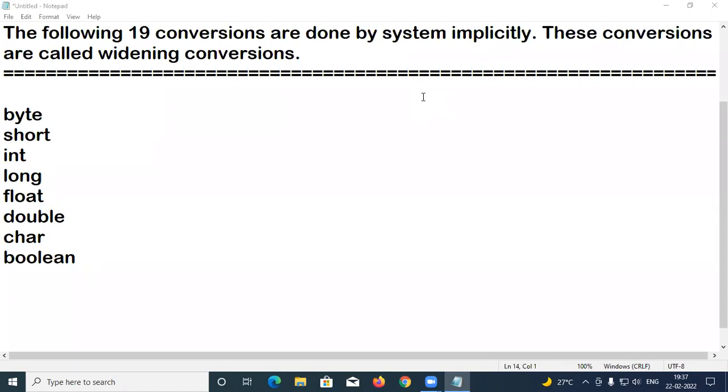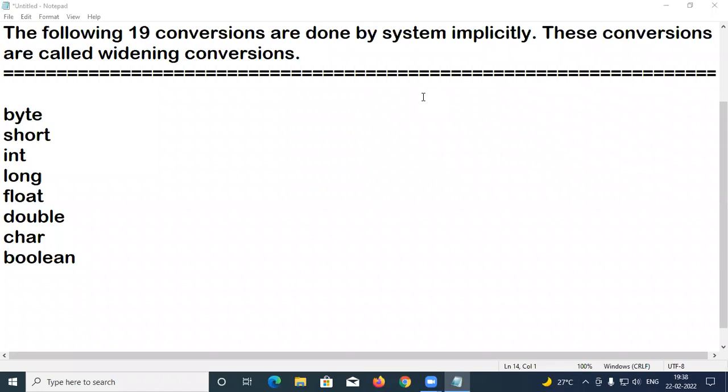Whatever is done by the system, that is called implicit. Whatever is done by you, that is called explicit. Further, in many places we use these words, implicit and explicit.